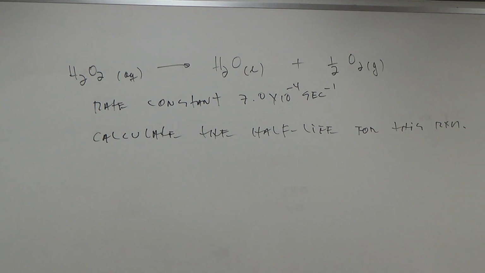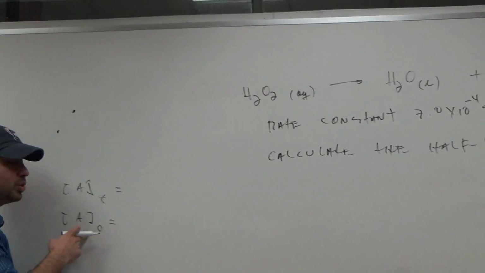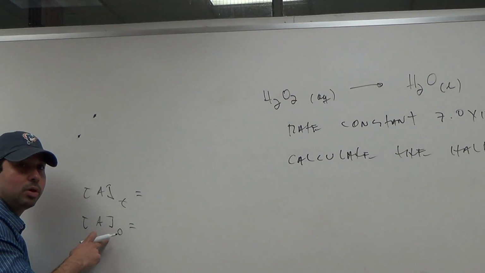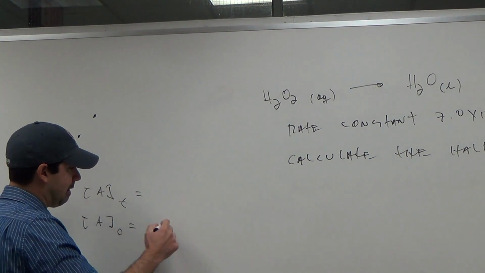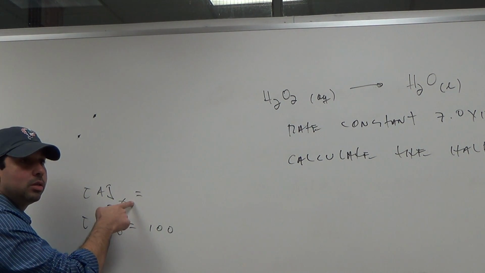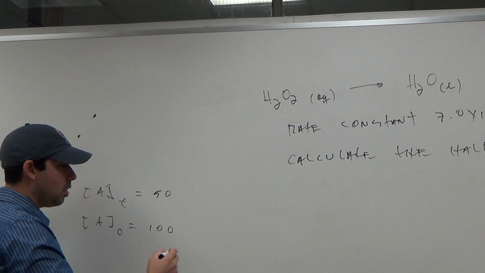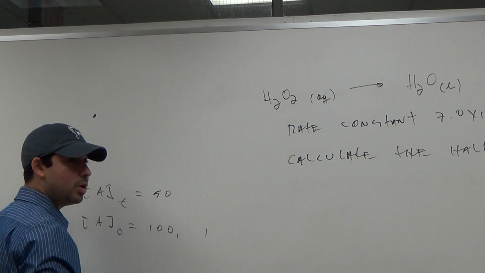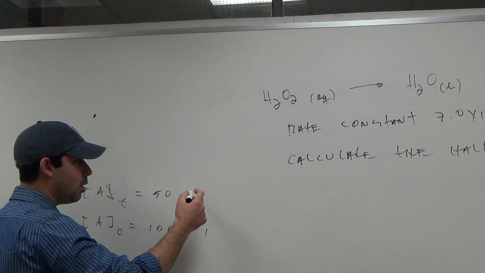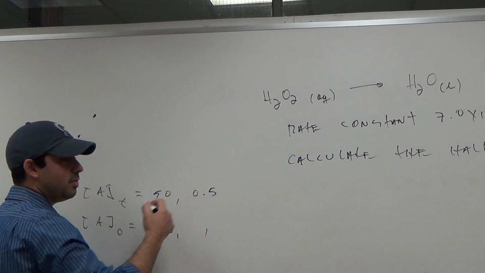Half-life means what? Time it takes for half of the substance to decompose, for the substance to decrease in concentration by half. So how much did you start with? Give me a number. You want 100? Okay, and 50, right? Or like we said before, you can start with a 1, and that would be a 0.5.